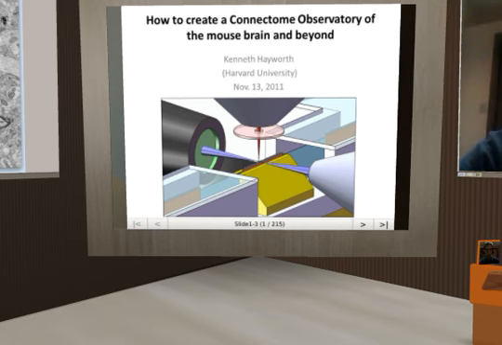But given the knowledge of the next 50 years of neuroscience, I am, in my opinion, very confident that we would be able to take that same 5 by 5 by 5 nanometer voxel resolution of the human brain and simulate it and get the same behavior in the same person.